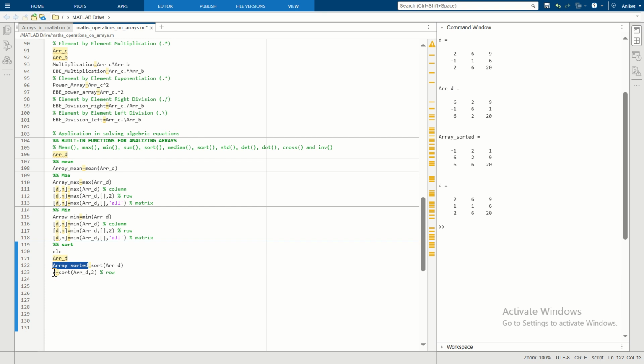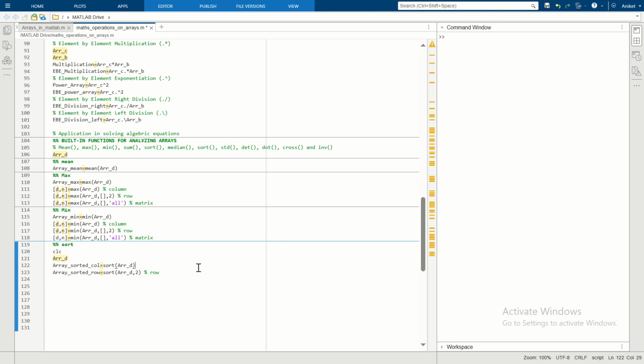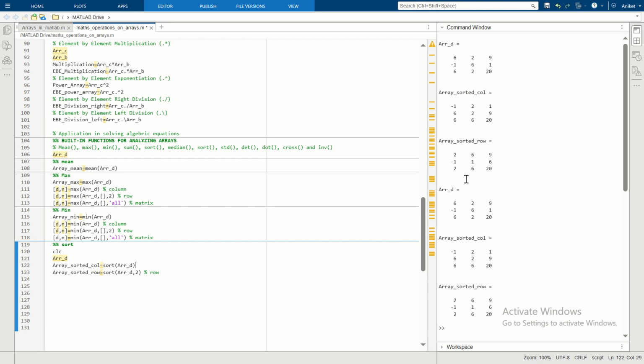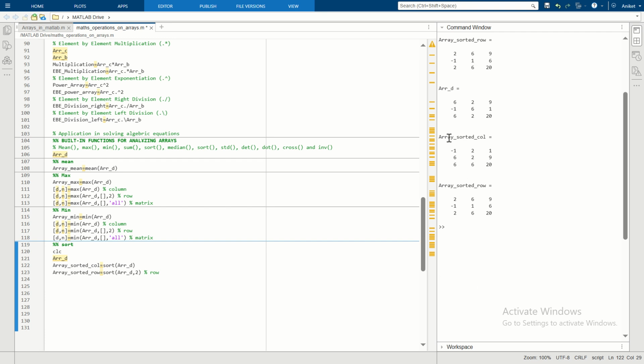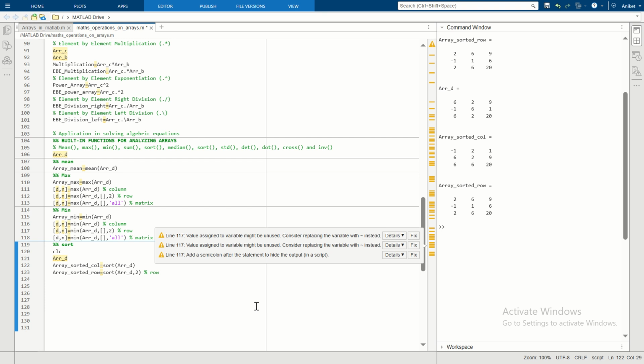So this is row wise, and this is normal column wise. CLC. So here is the ID. This is column wise sort, this is row wise sort.